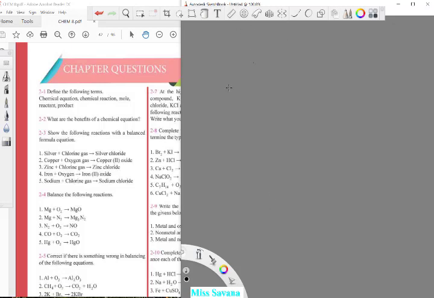The next one is a little bit more tricky. It has CO, carbon monoxide, and O2, and you have carbon dioxide, guys. Now in this one, I really prefer if you do it like this.